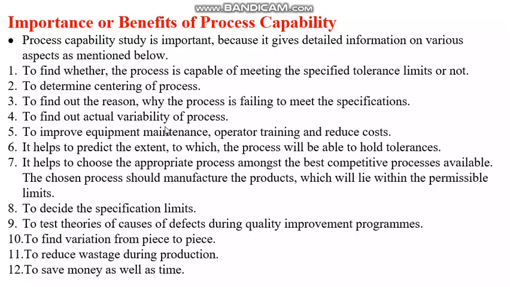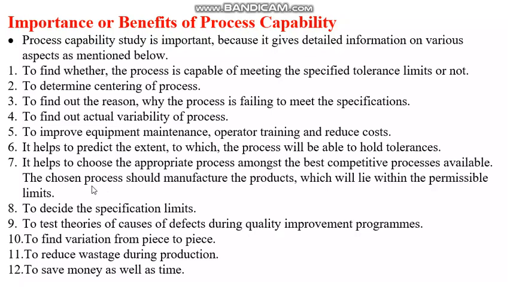Then the fourth one, to find out actual variability of the process. Then to improve equipment maintenance, operator training, reduce costs, it gives us indications. Then it helps to predict the extent to which the process will be able to hold tolerances. It helps to choose the appropriate process amongst the best competitive.